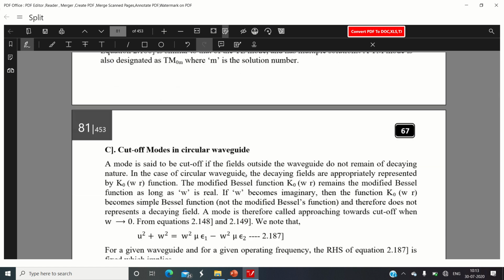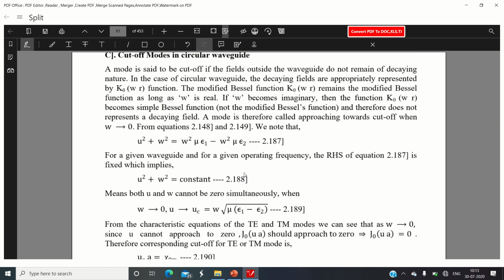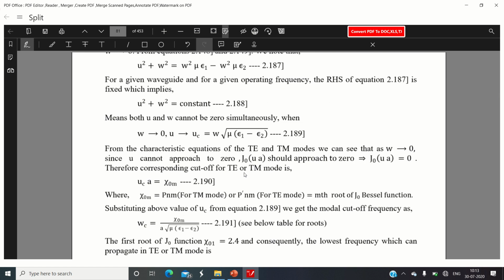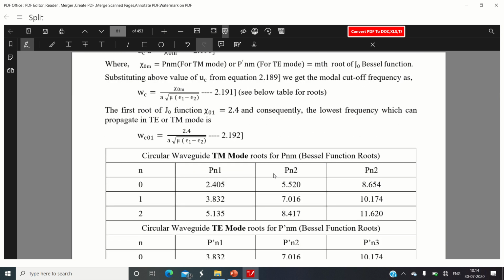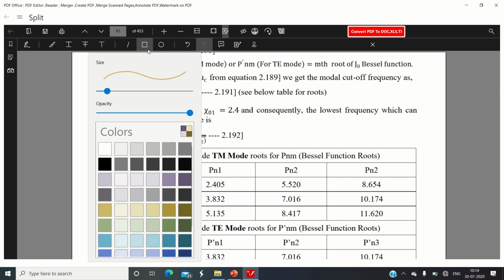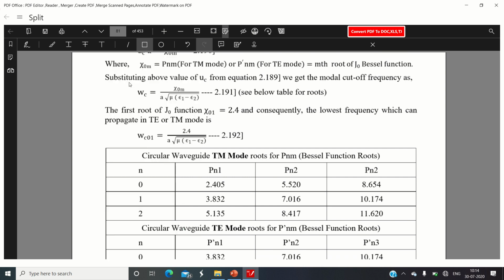Okay, so come to this particular part, cutoff modes in a circular waveguide. Here the cutoff frequency for the circular waveguide is given with this particular equation directly. Now let us see this particular equation. So omega c is the cutoff frequency expressed in radians. You can replace omega with 2 pi f and you can calculate the cutoff frequency as a linear value. So how is it given?